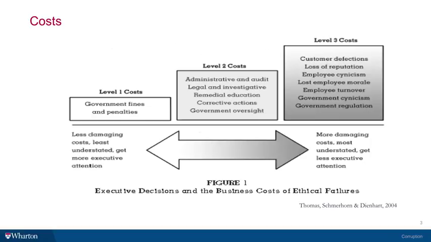Finally, level 3 costs. And level 3 costs are costs that are associated with the acts that led to level 1 and level 2 costs, but they're imposed from society at large. And they're imposed not really with reference to established rules, but more so with reference to established or even implied norms and understandings.